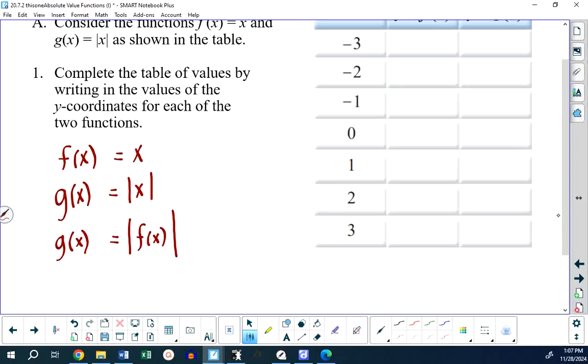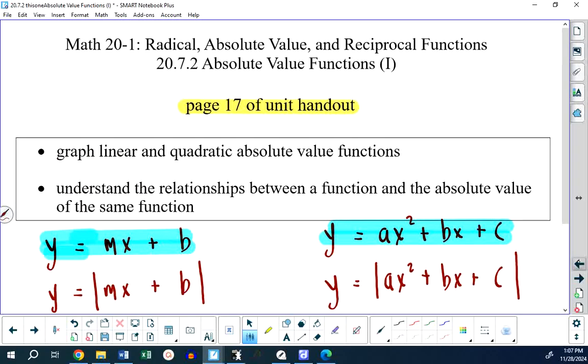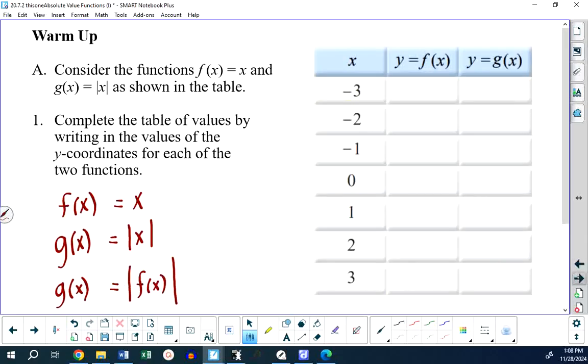And that can be confusing because it's not really a necessary statement. I started off by telling you we're looking at graphing functions and the absolute values of those functions. So what we're talking about in this warm-up, another way to look at this, is we are talking about graphing y equals f of x and y equals the absolute value of f of x. And I understand the function notation can be confusing.